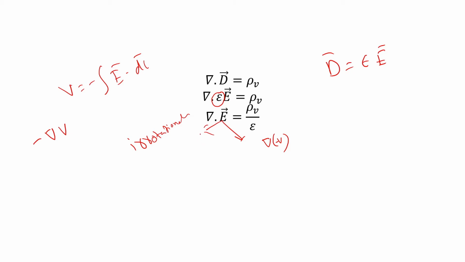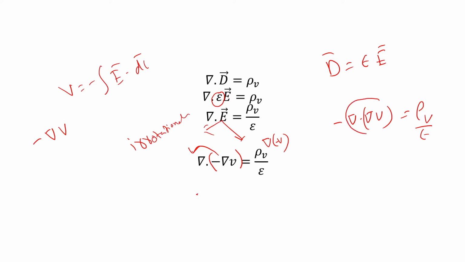So this equation I can rewrite as del dot minus del V equals rho v by epsilon. If I take the negative outside, then I get minus del dot del V equals rho v by epsilon, where this del dot del V is nothing but the Laplacian of the scalar potential.